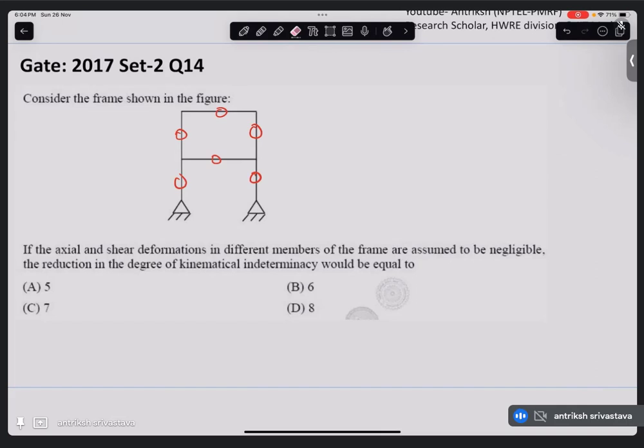So if you remember, this is a 2D frame, and the formula for kinematic indeterminacy for a 2D frame was given as 3J minus R minus M plus RR.